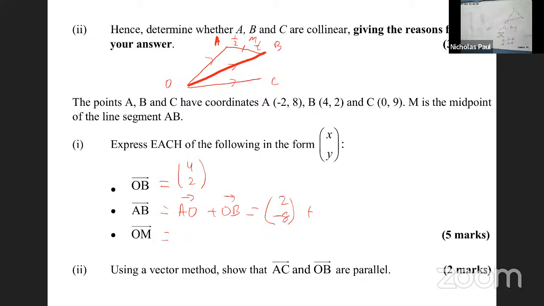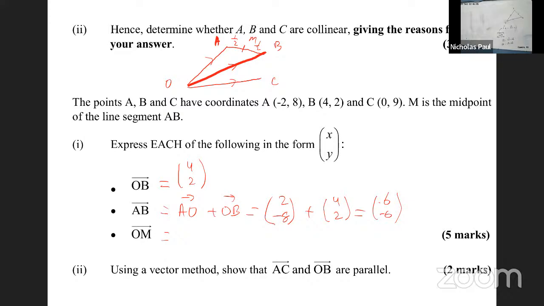And O to B is 4, 2. So that'll be 6, -6. Right. Nice, Ravina. And O to M.